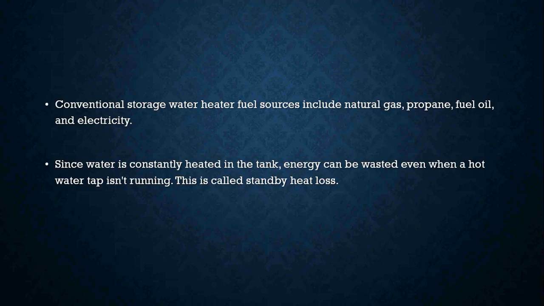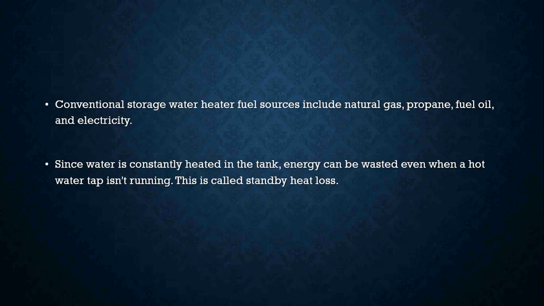Conventional storage water heaters' fuel sources include natural gas, propane, oil, and obviously your electric type. Since water is constantly heated in the tank, energy can be wasted even when a hot water tap isn't running. Again, this is called standby heat loss.